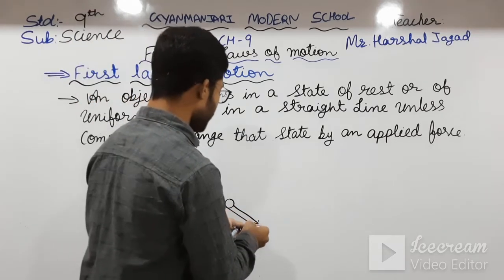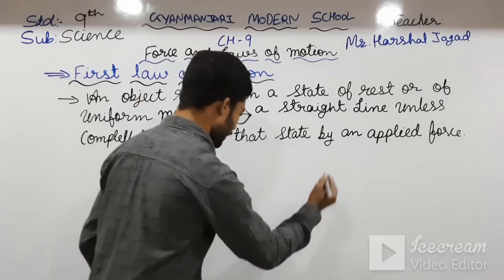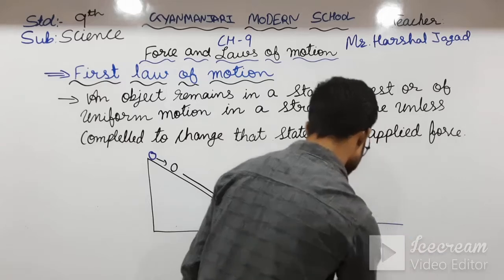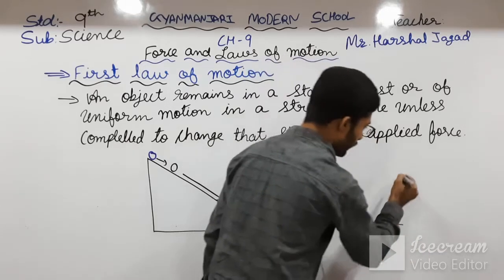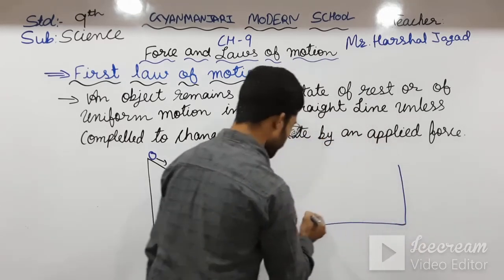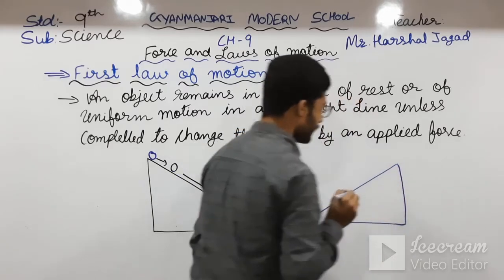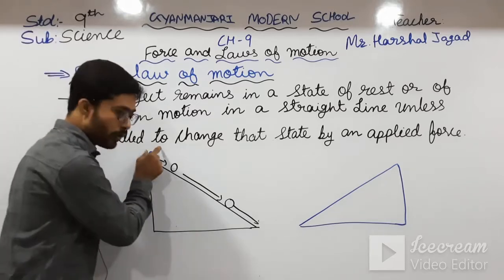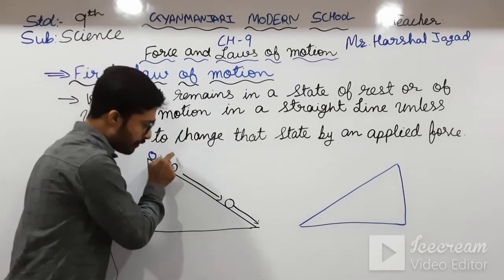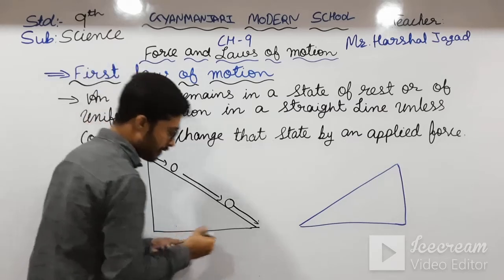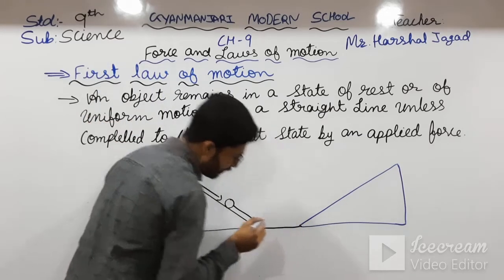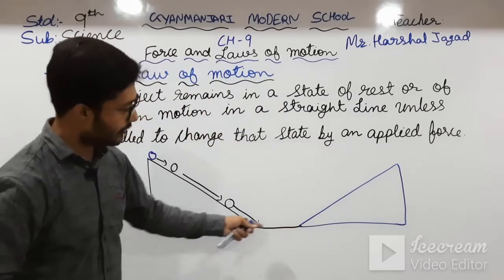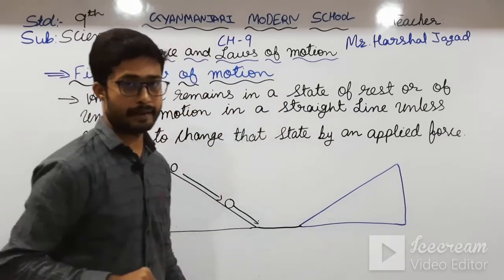See here students, I just drew another slope over here. Here is a straight line. No, this is not a straight line, it's okay, it will work. This is another slope. So as we put this ball, it will go, and after some distance I put another slope of climbing.